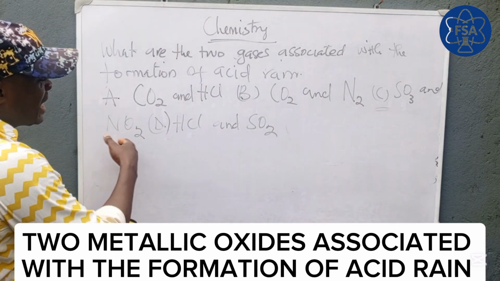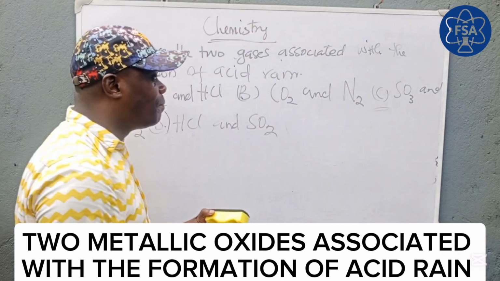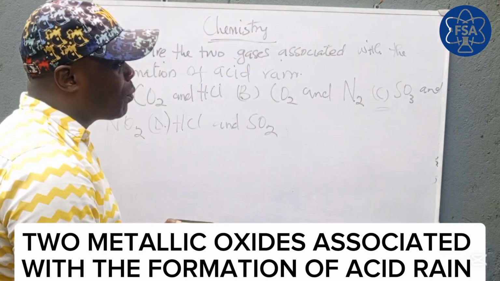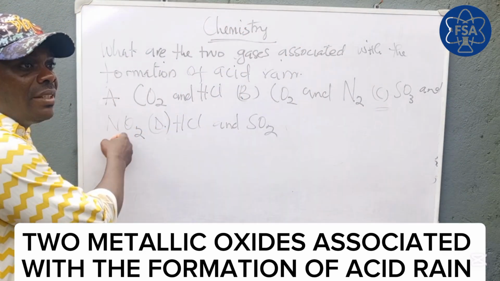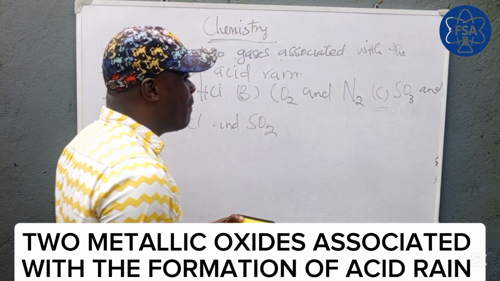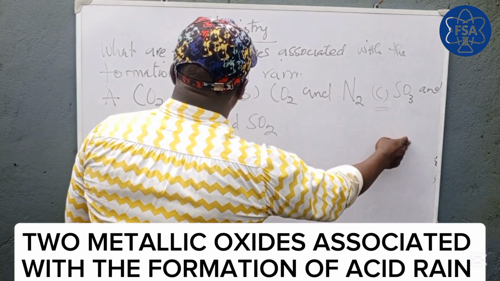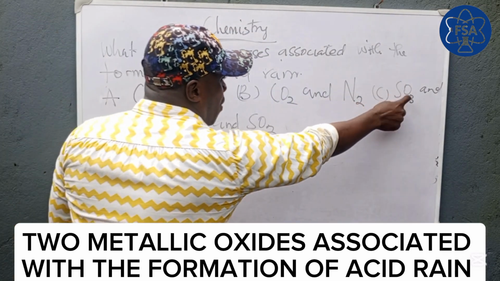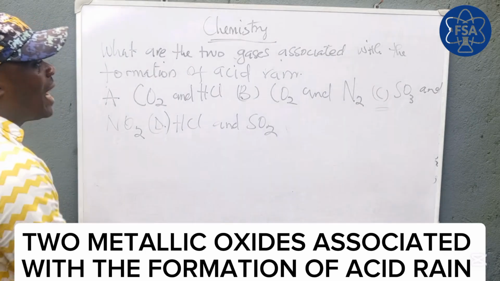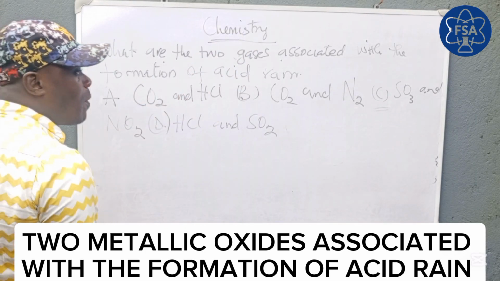Most of these gases are impurities from our exploration and mining processes, and they are sent into the environment. So our C best answers the question, because when these anhydrides dissolve in water, they form an acid.